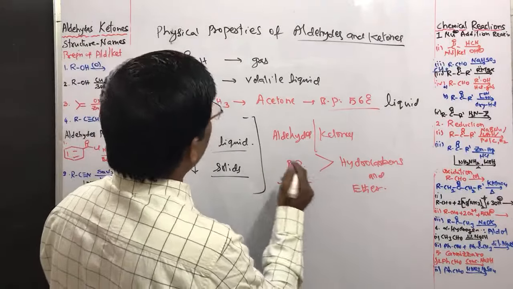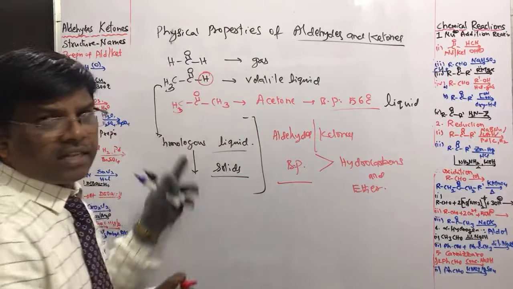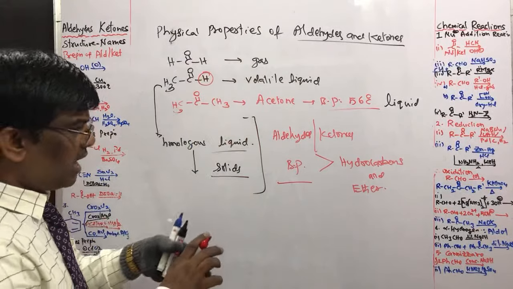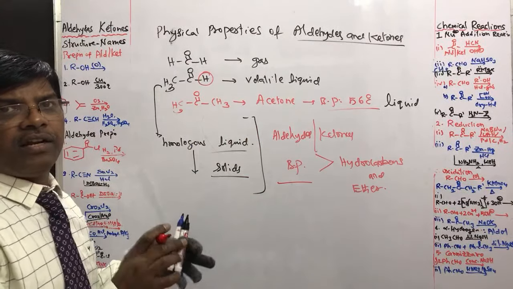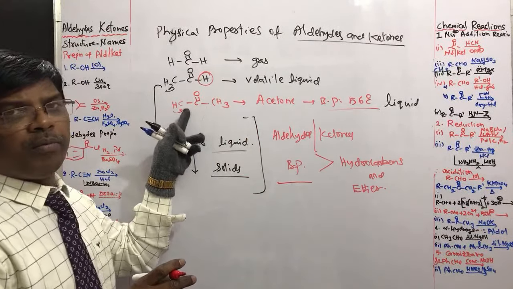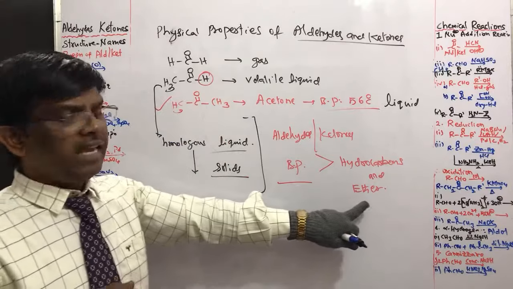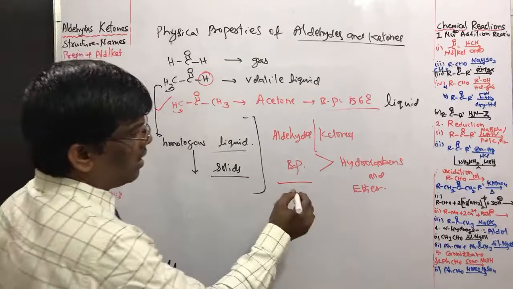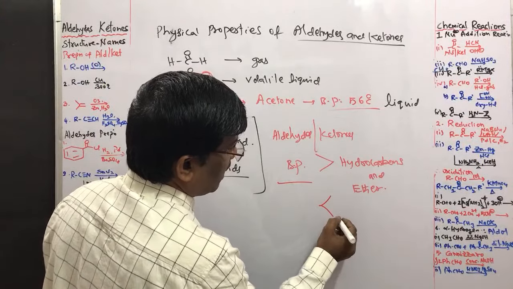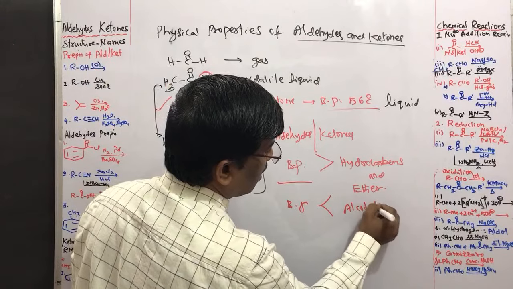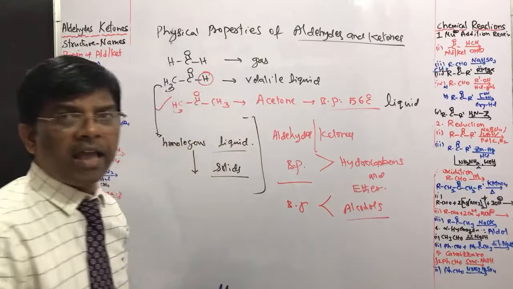Yes, so similarly, if you take acetone, a 3 carbon containing compound, and a similar compound, methoxymethane, an ether, the boiling point of acetone is higher than the ethers, however lower than alcohols. Why are alcohols high boiling?